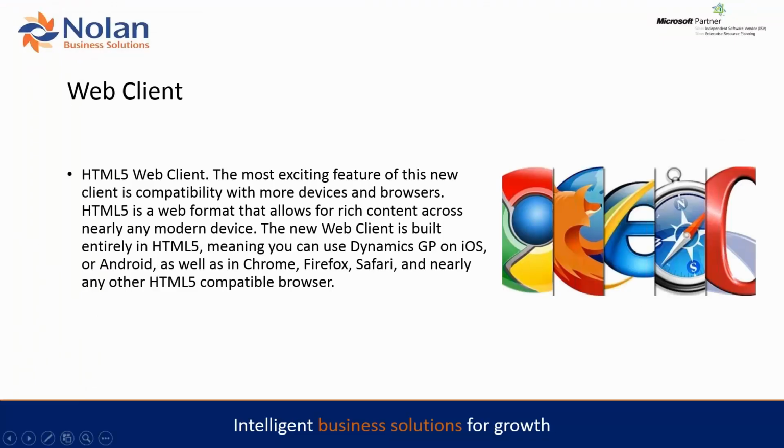So the web client in 2018 is a fully HTML5 web client. Why that's exciting is that we're now able to use GP using Google Chrome, Firefox, Microsoft IE, Safari, or Opera as a browser.